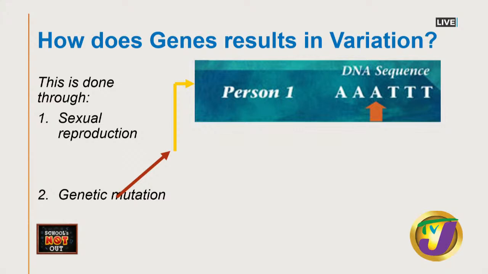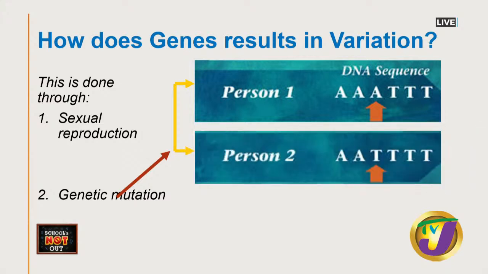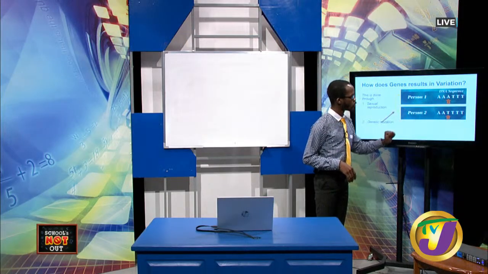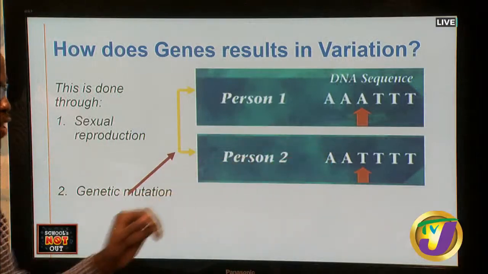So for A and T, notice for person one, there are 3 A's in the genetic sequence, and then there are 3 T's. Now for person two, what we find is that the third A is replaced with a T. So it is somewhat inverted. Person one had AAA, person two had AAT, so it's different.